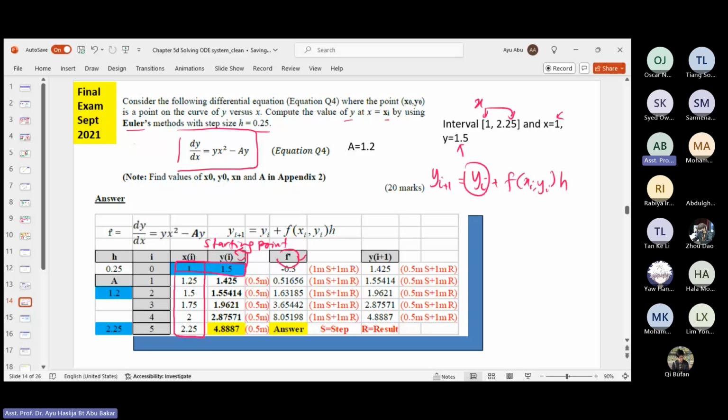So y_i, that column, this column, this one is the predicted value from y_i. So you see the same value, this and this.